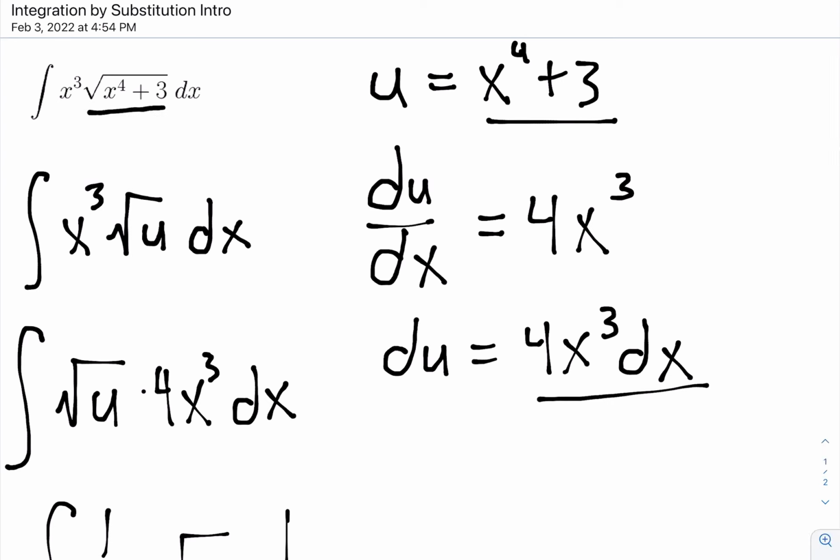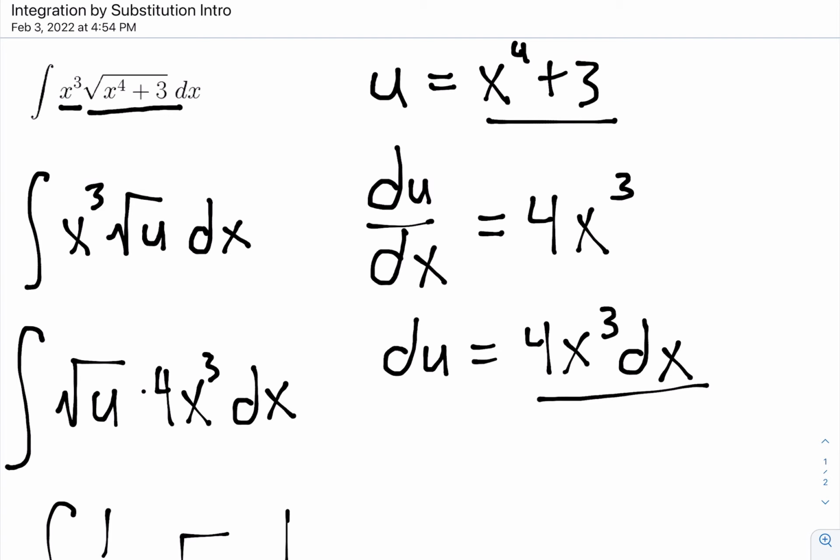That's what's embedded inside the square root, and it has to be multiplied by a power of x that's 1 less than what u is. So the degree of u is 4, because we have an x to the fourth. The degree of what it's being multiplied by on the outside has to be 1 less, so the degree had to be 3 there.